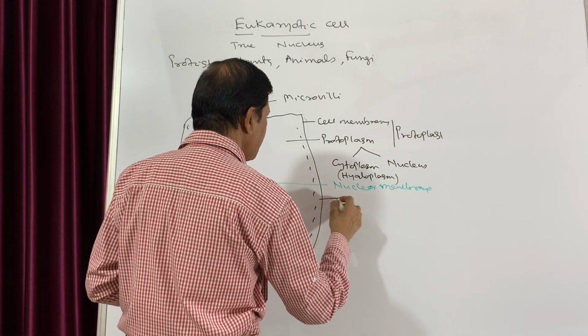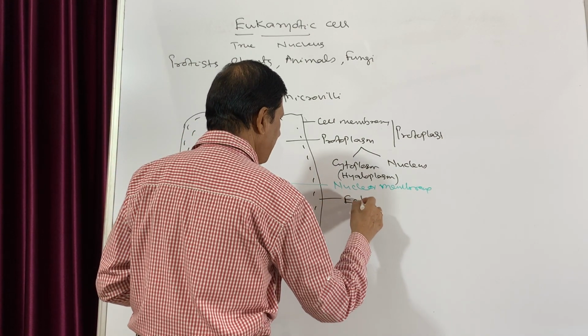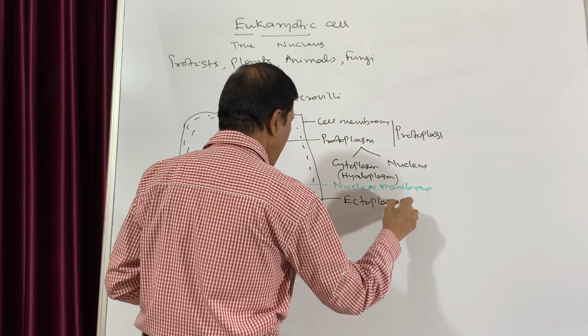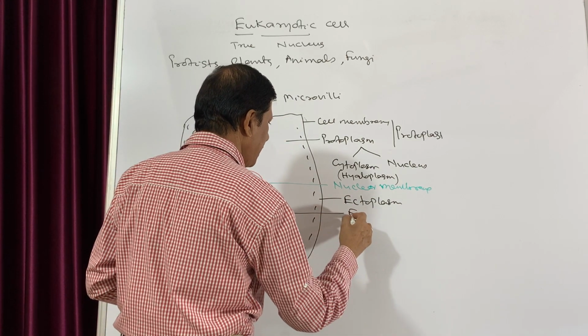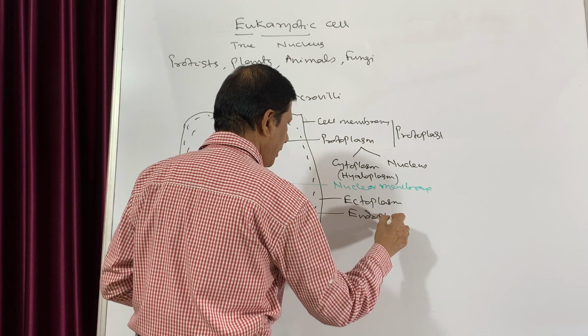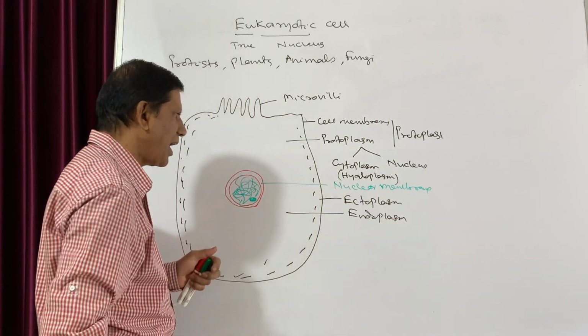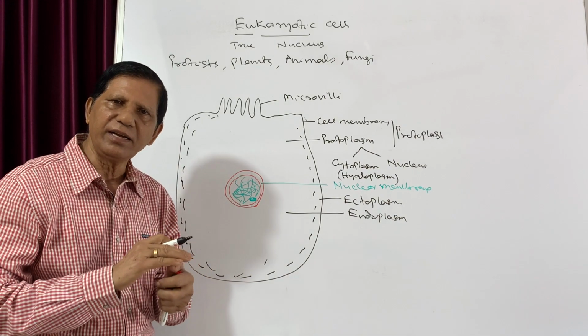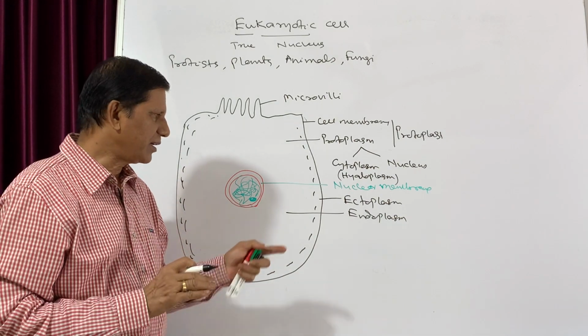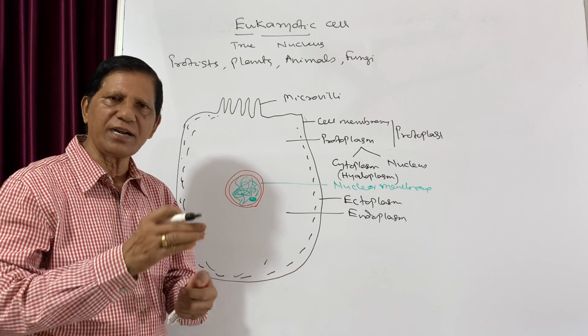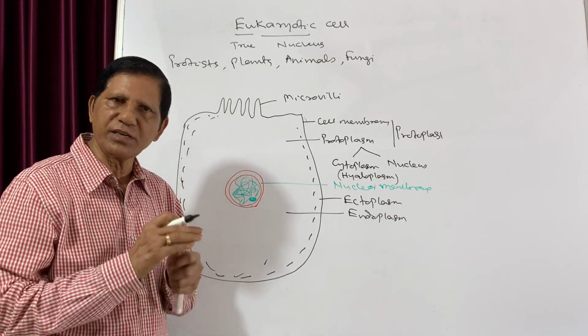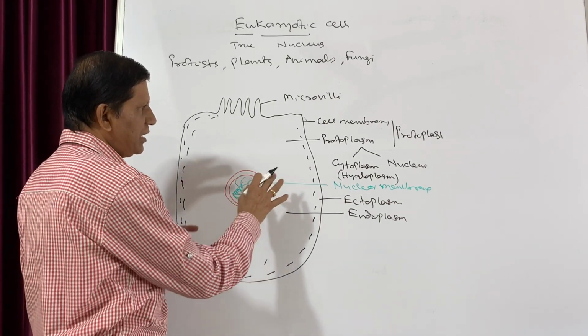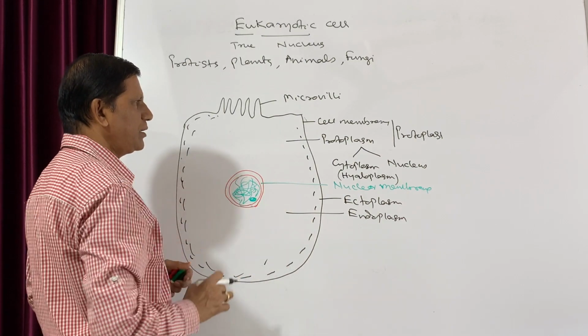This is known as ectoplasm, and the inner cytoplasm is known as endoplasm. In this cytoplasm, the substances usually remain in the colloidal state, and some substances are in the sol and gel phase. There is also interconversion of these. So this is about the cytoplasm.